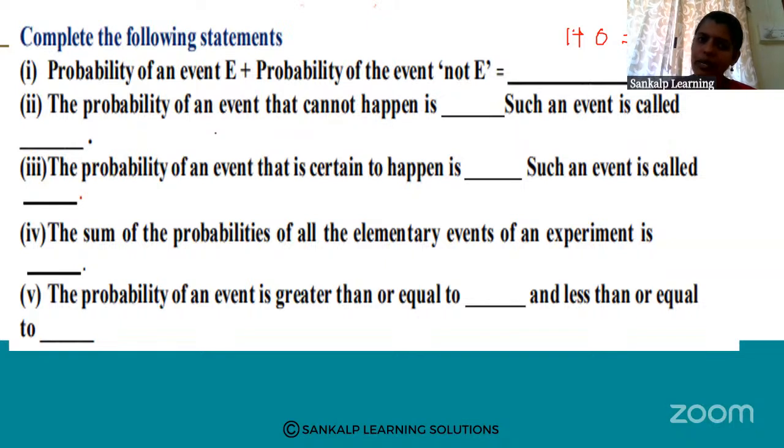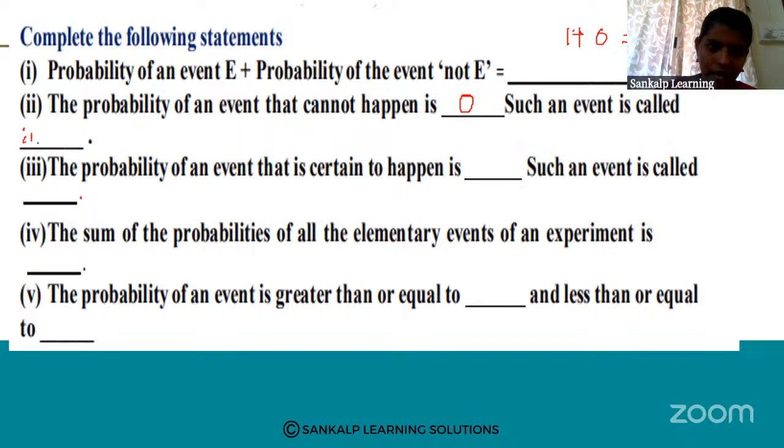The probability of an event that cannot happen, that we call it 0. Such an event is called an impossible event. For an event that cannot happen, meaning the event has not occurred, we call it an impossible event.